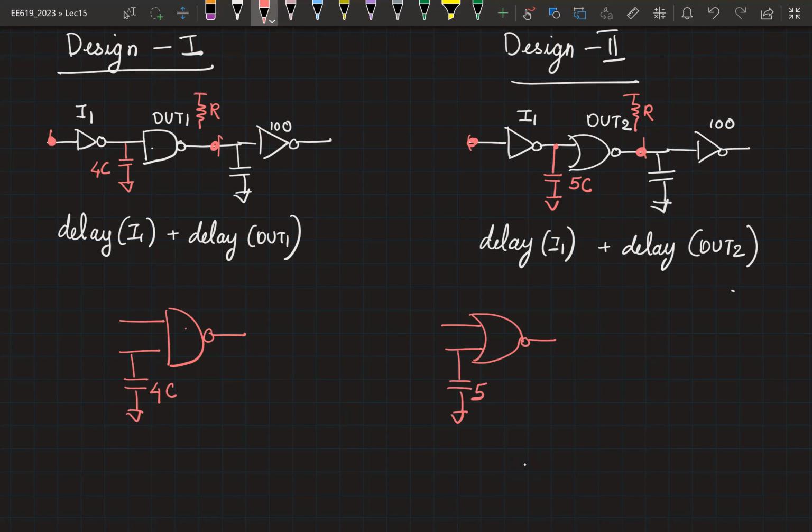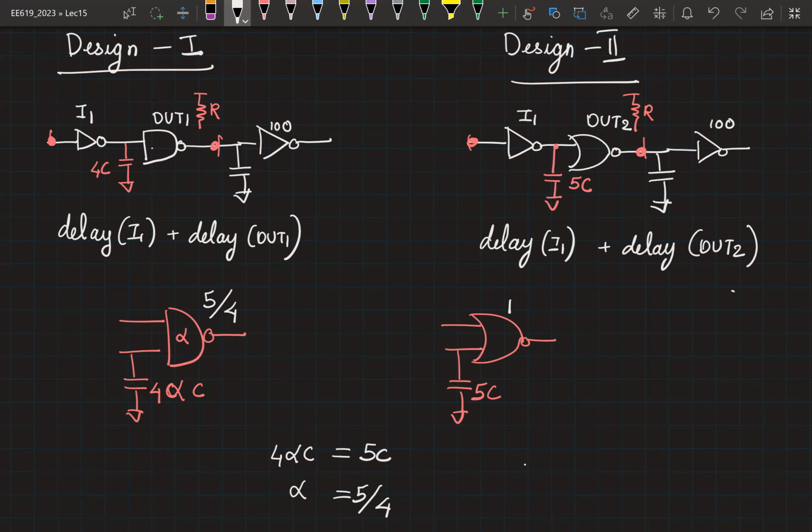I'm willing to change this by alpha so that the capacitance here is 4 alpha C. Now I want to make 4 alpha C to be equal to 5C. What should be the value of alpha? Alpha should be equal to 5 by 4. So now I'm going to size this at 5 by 4 and this is still sized at 1.